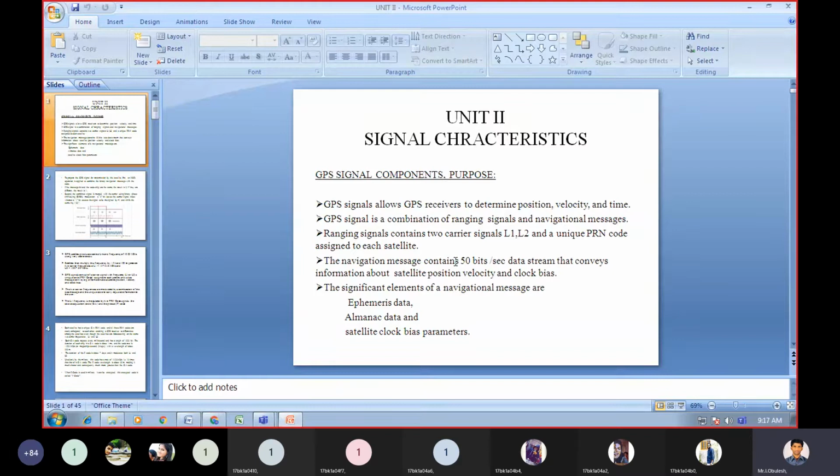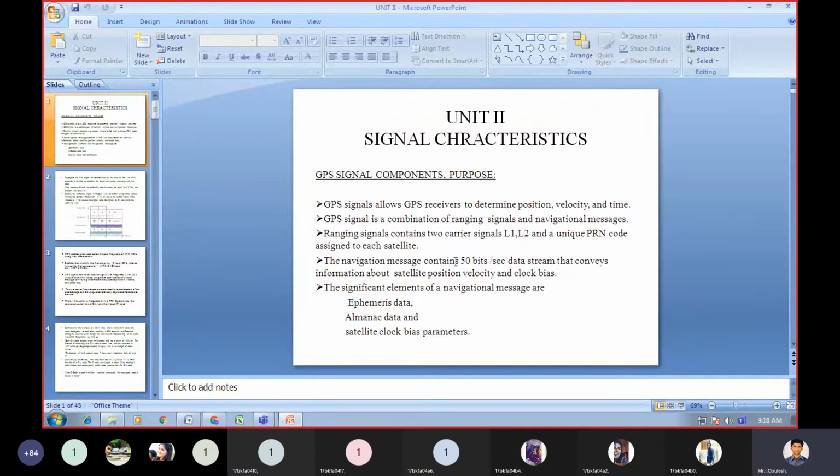From where are we getting the navigational message? With the help of position only, we will be able to find the longitude, latitude and elevation of that particular navigational message. The ranging signals contain two carrier signals, L1 and L2.